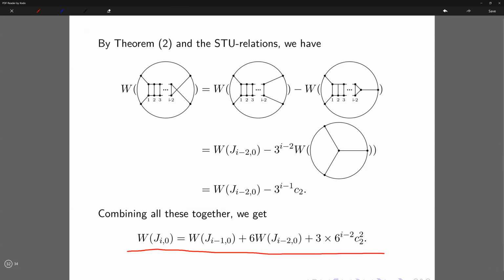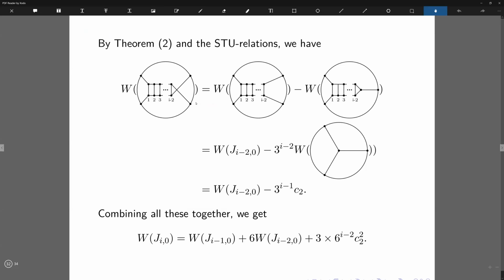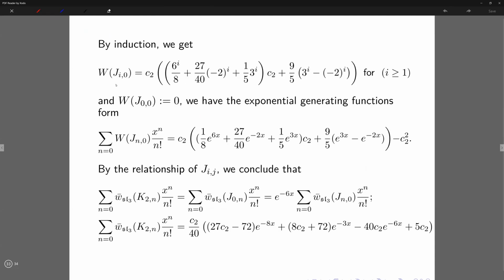And of course, this could be calculated to get the final result of the Wij, which is a closed Jacobi diagram, the connected Jacobi diagram, with 4 legs. And based on the theorem I stated before, the relationship of the Jij, we can get the weight system of the K2n after the projection.